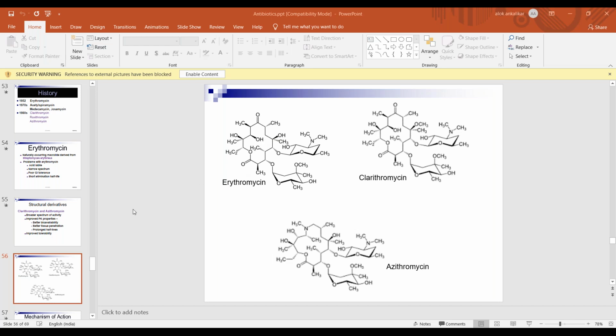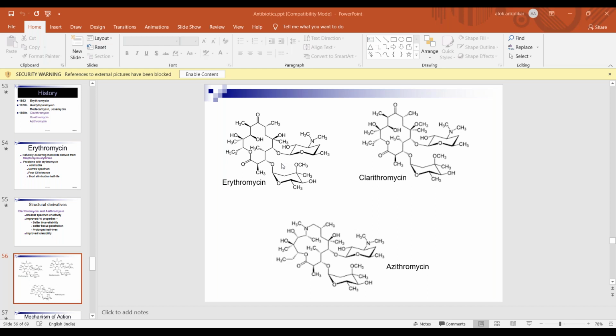Okay, so these are the examples of macrolide antibiotics: erythromycin, clarithromycin and azithromycin. If you see the mechanism of action of these examples which you are seeing on the screen, clarithromycin specifically binds to the 23S rRNA subunit. Now, this 23S rRNA subunit is present where? It is present in the 50S ribosomal subunit.